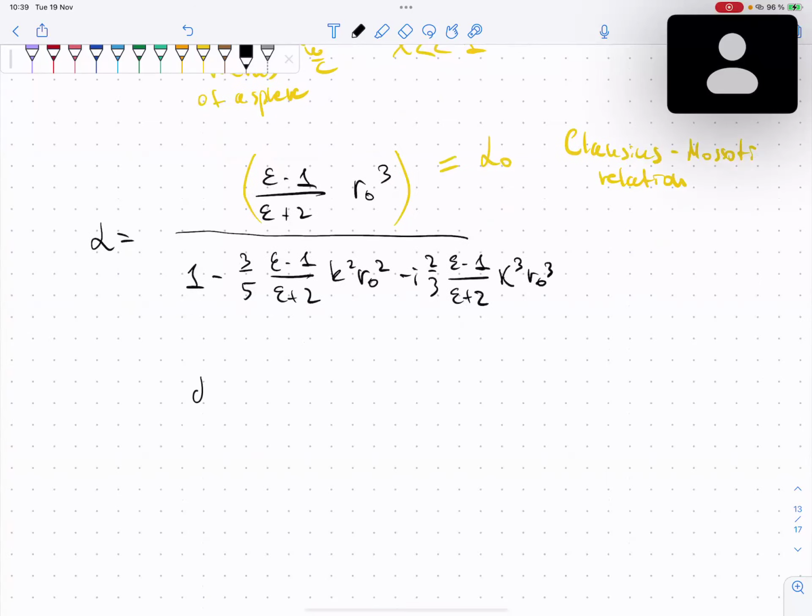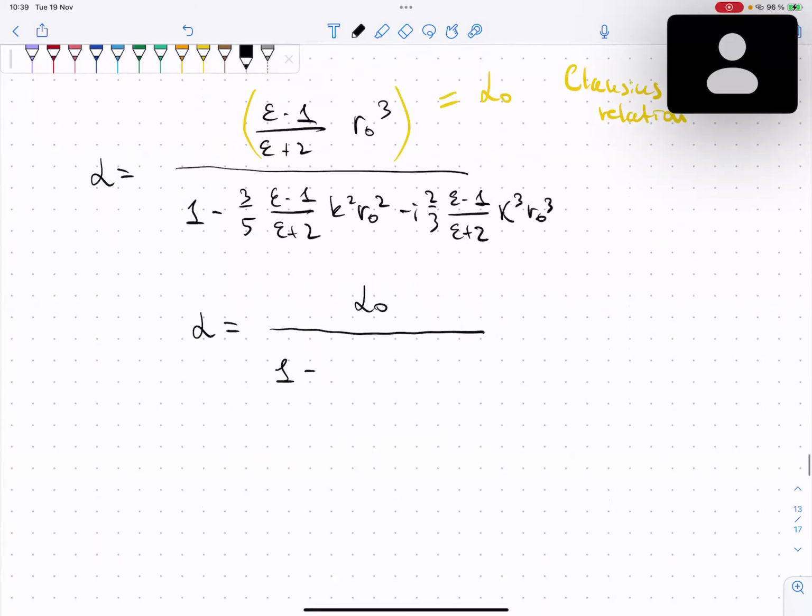Basically, if you look, we will get that alpha equals alpha 0 divided by 1 minus alpha 0 to the second power, k to the second power, something else here, and minus i 2 over 3 k to the third power, alpha 0 to the third power.